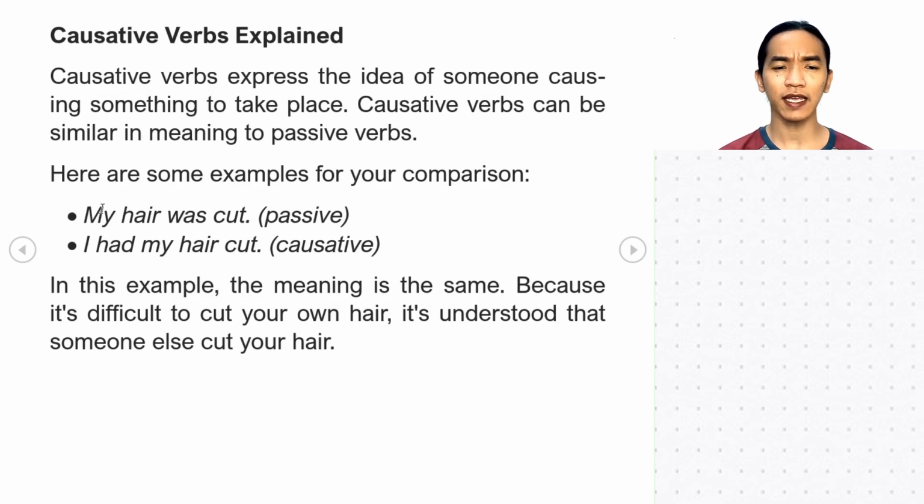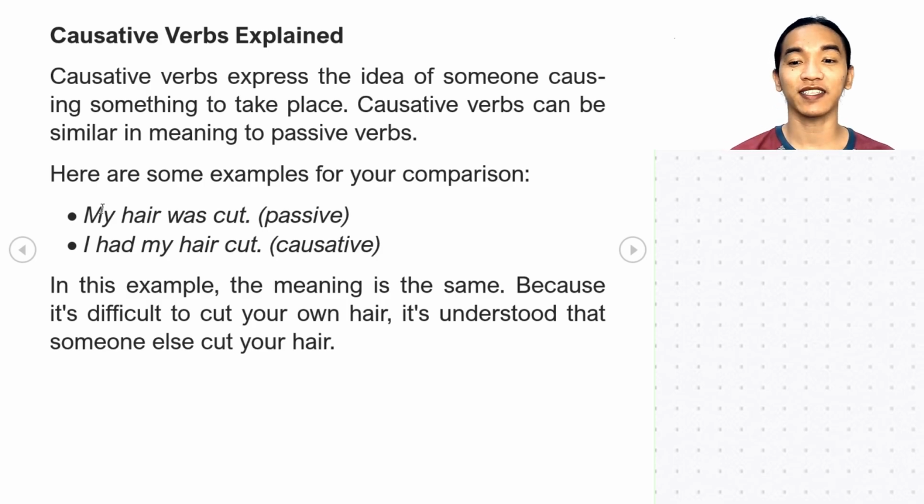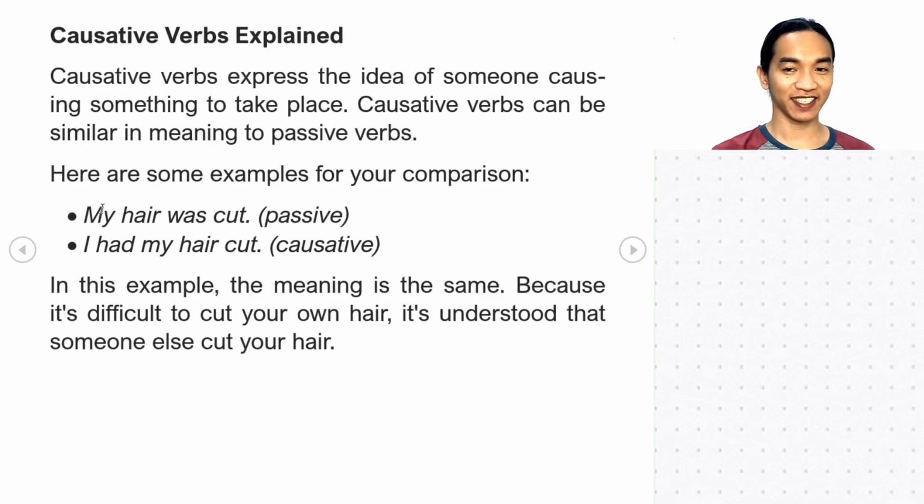So we would say that the meaning of the two sentences are the same, implying that somebody else did the haircut. Because it's difficult to cut your own hair, it's understood that someone else cut your hair, all right? So therefore, in that particular manner or idea, these two sentences are just the same.